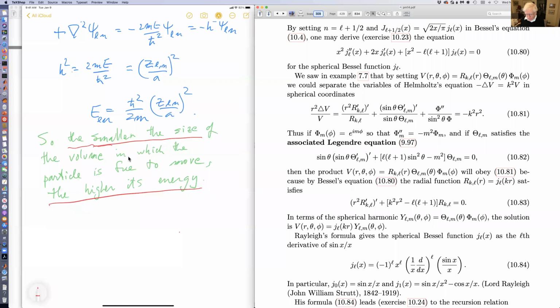If you then invoke Einstein's relation between energy and frequency, and switch to photons, the smaller the region the photons are confined, the higher their frequency and therefore the higher their energy. The formula, of course, being E equals h nu, h being Planck's constant.